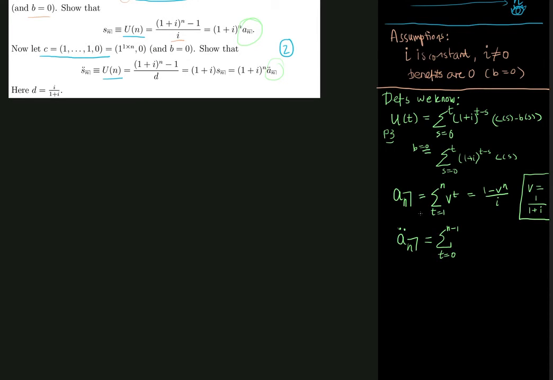In Danish, the annuity in arrear is called efterbetalt annuitet, and the annuity due is called forudbetalt annuitet. So everything is shifted 1 period. This has the value 1 minus v to the n divided by 1 minus v. Okay, so that's good.